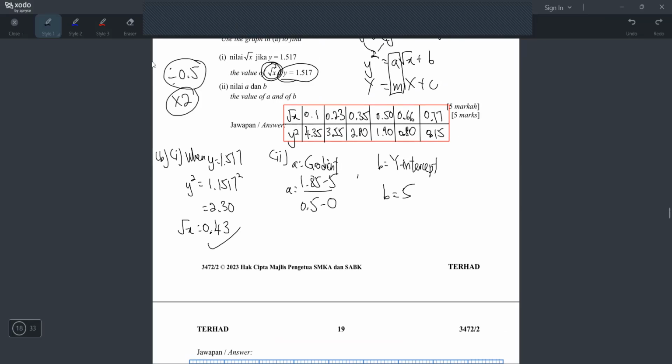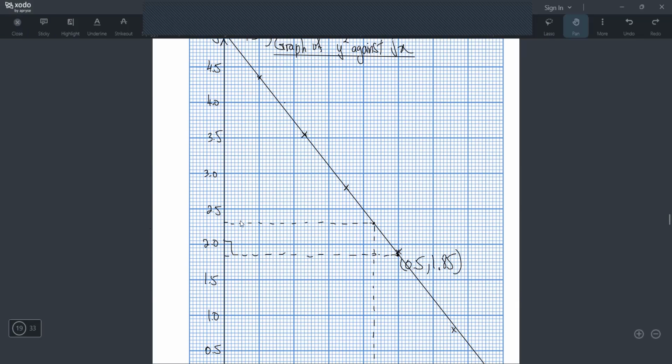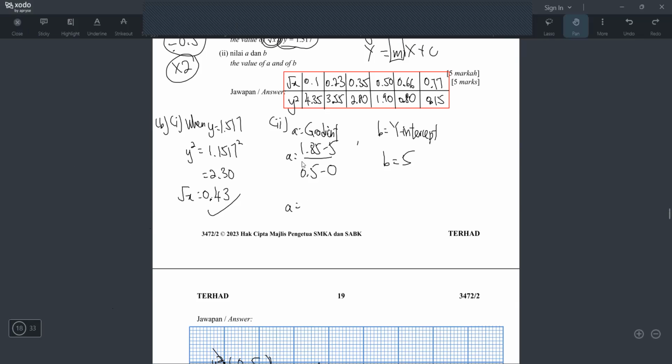If you take any number divided by 0.5, it's the same as taking that number times 2. That's why I decided to take from 0 to 0.5. This number is very easy, you will get a nice answer. So 1.85 minus 5, and then times 2.